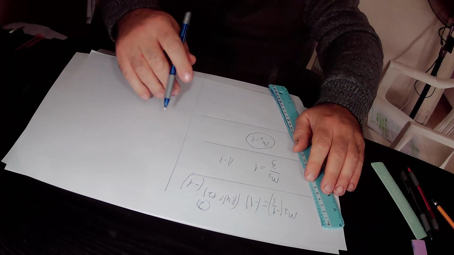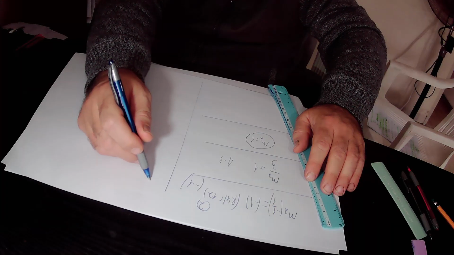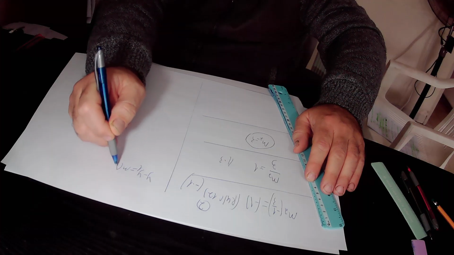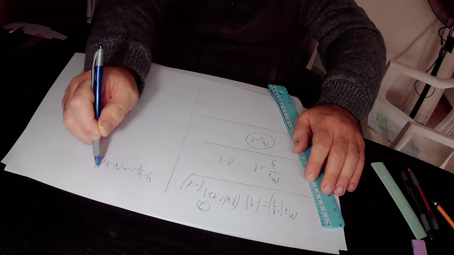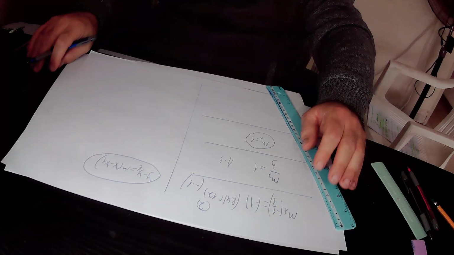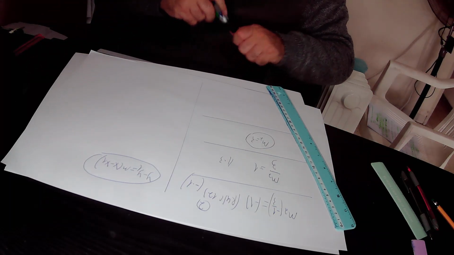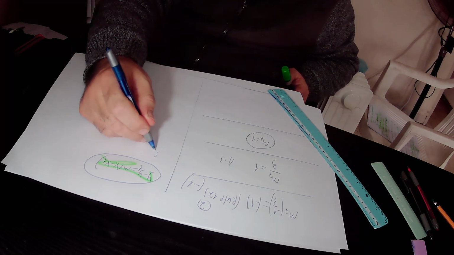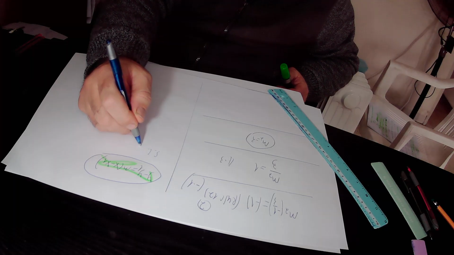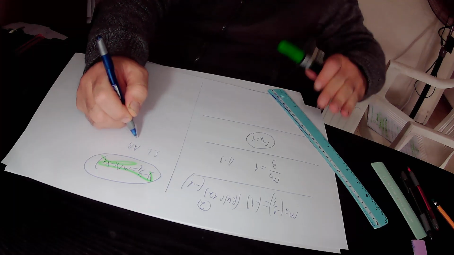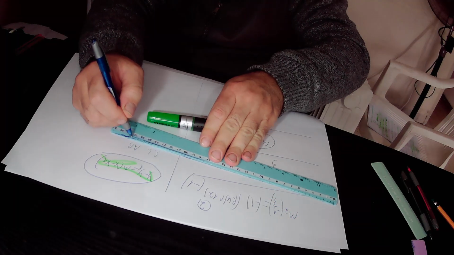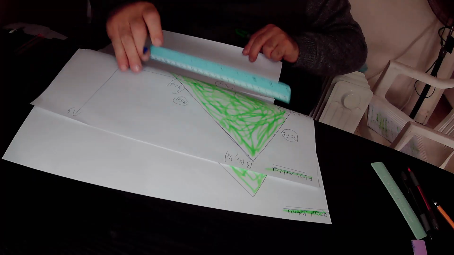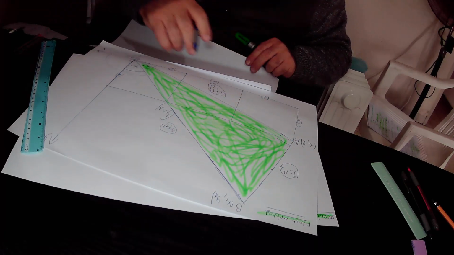The formula of a straight line is as follows: y minus y1 equals m times x minus x1. We're talking about the straight line AB, and we have to find the equation of the straight line AB. We already found out that the slope of this straight line AB is 3.